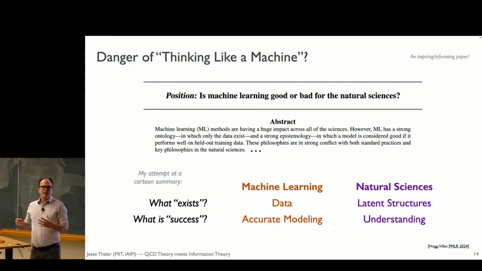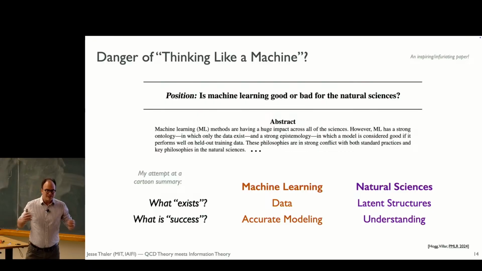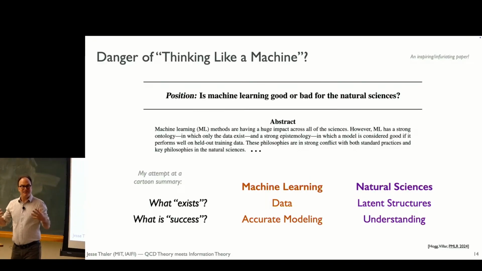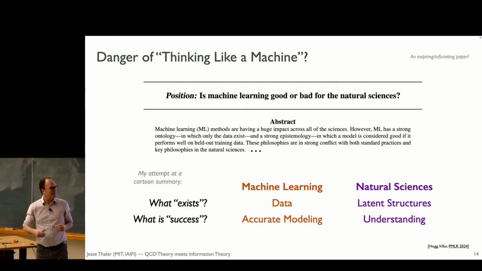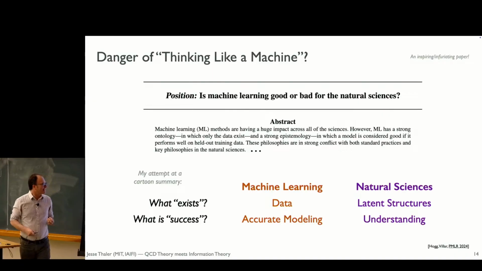So when we use AI, for example, to generate synthetic deepfake images, the data that we're using is data from the wild of pictures, and accurately modeling the types of pictures that could be generated from taking a camera picture of something would be defined as success. And so data is the thing that exists, and success corresponds to accurately modeling that data.